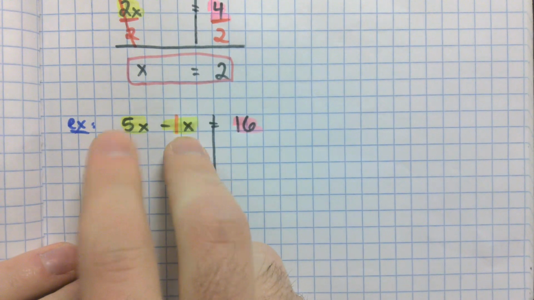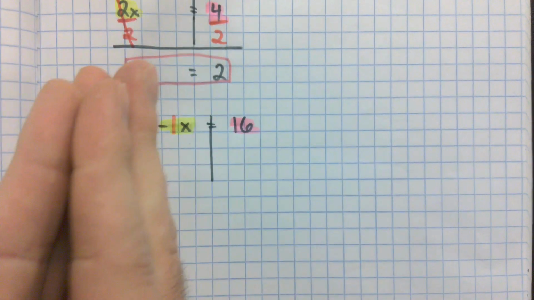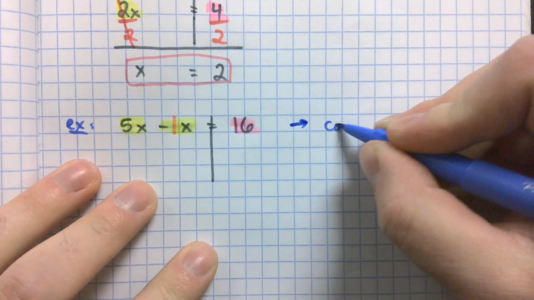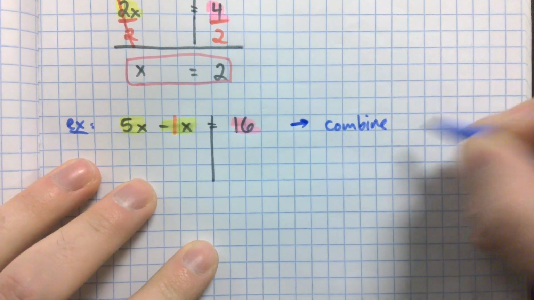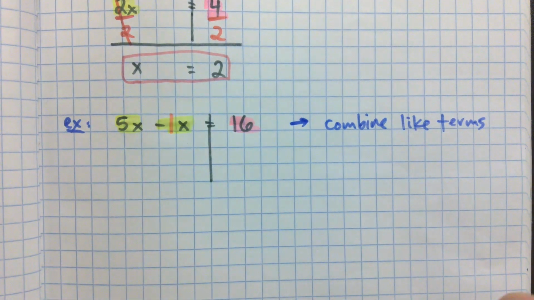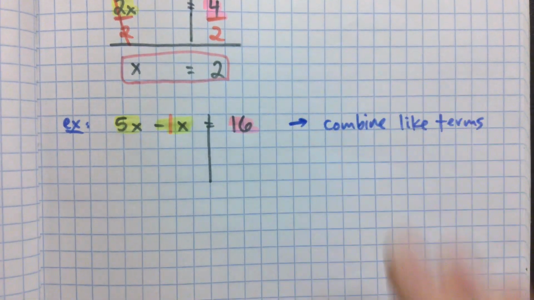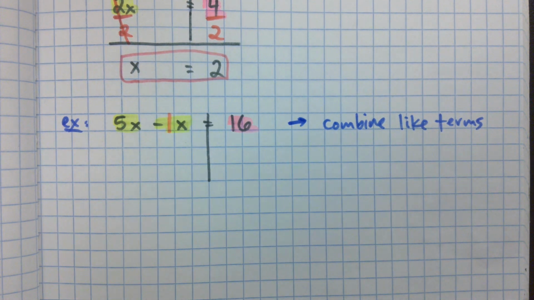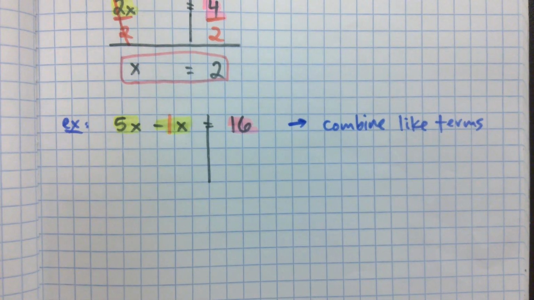In this one, we've got 2 yellow terms, but they're on the same side of the equation. So what we have to do here, let's write off to the side, is combine like terms. When we combine like terms, we don't use inverse operations. We just combine them, add them together, subtract them from each other, whatever it tells you to do.